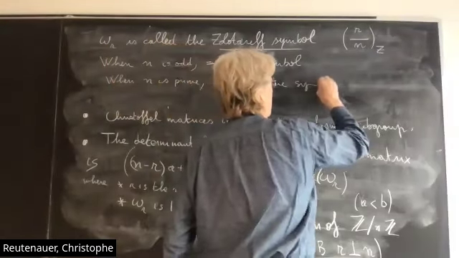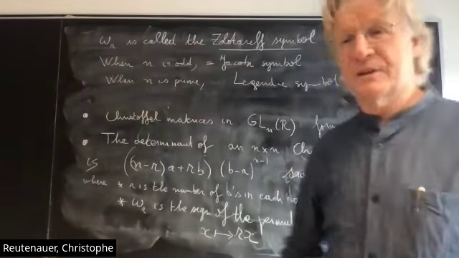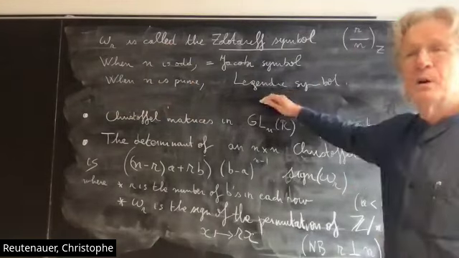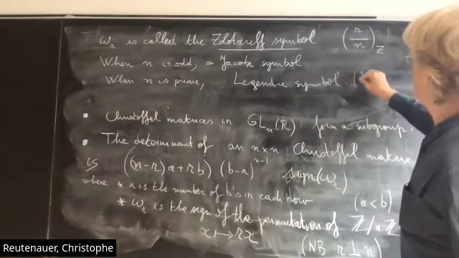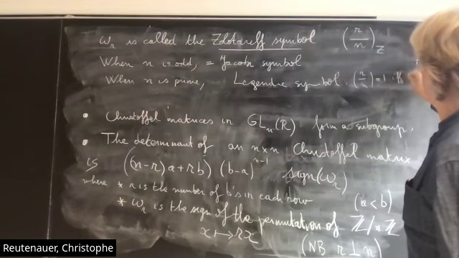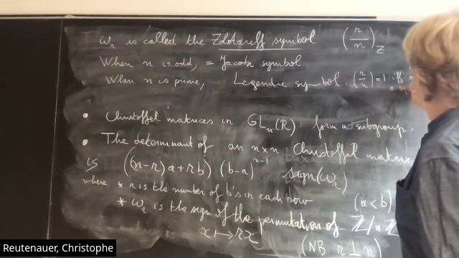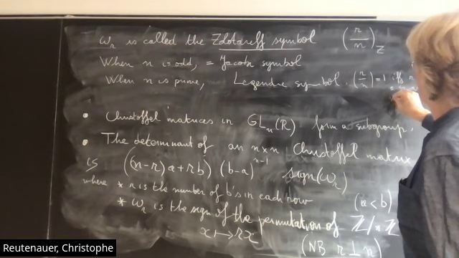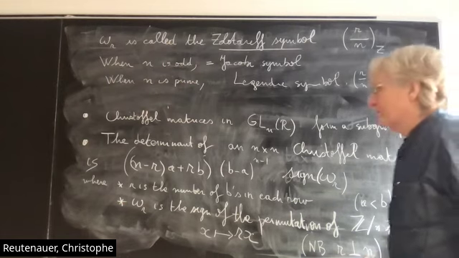We have a sequence of symbols, as mathematicians like to say. The Legendre symbol (r/n) equals 1 if and only if r is a square modulo n, where n is prime.